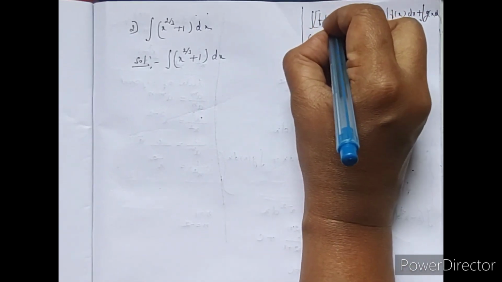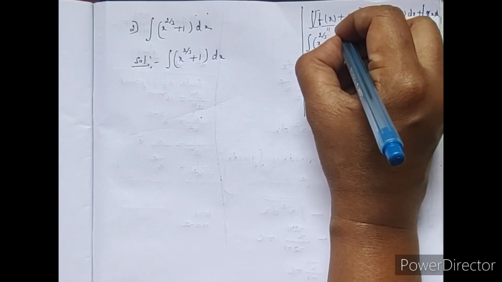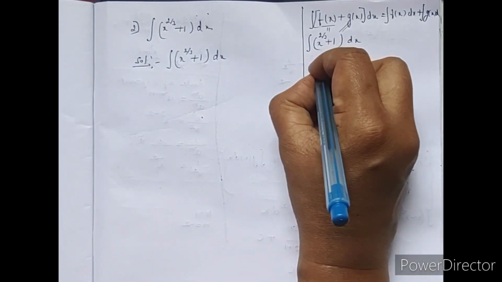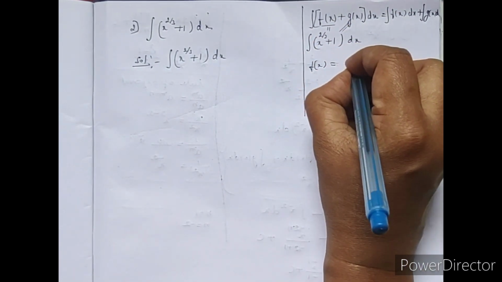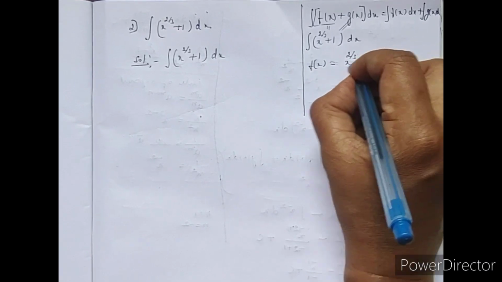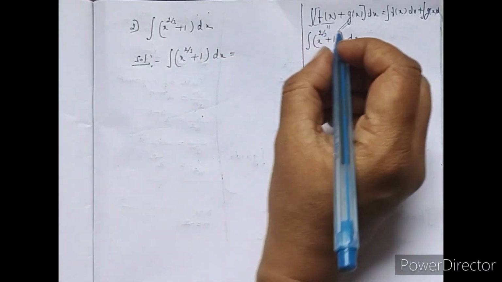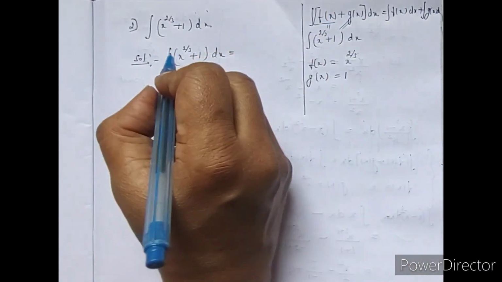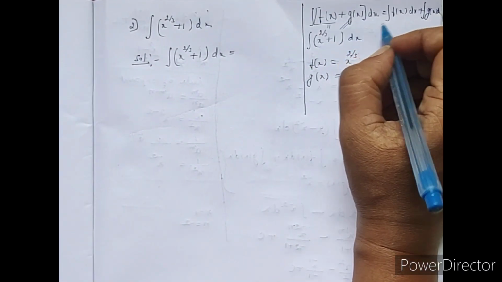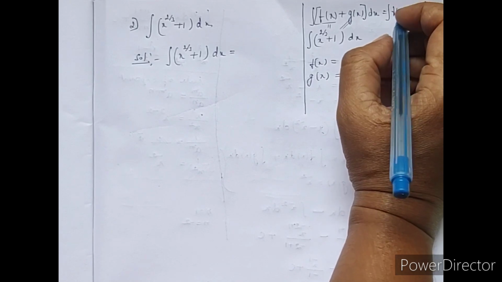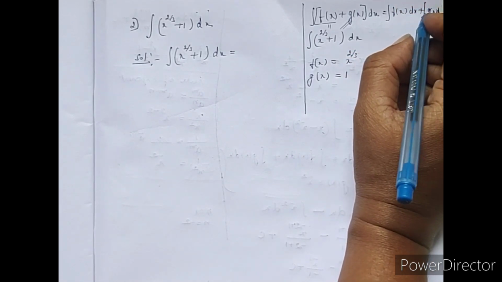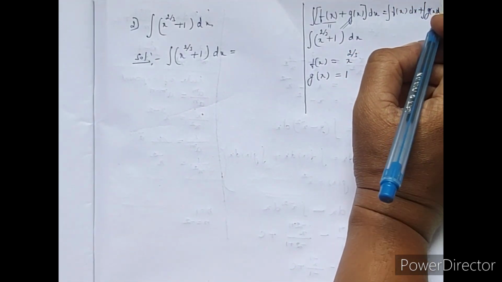So when you compare, the first term we are having f of x as x to the power of 2 by 3, and we are having g of x is equal to 1. So if you apply this rule, integration of f of x plus g of x dx is integration of f of x dx plus integration of g of x dx.